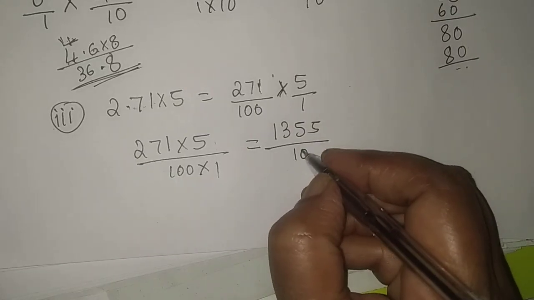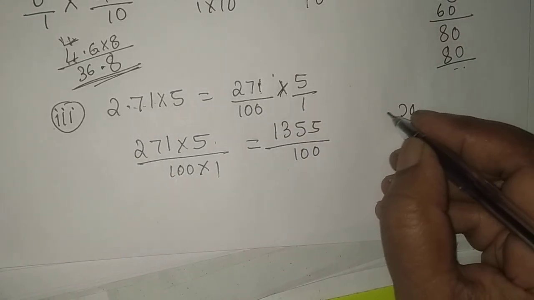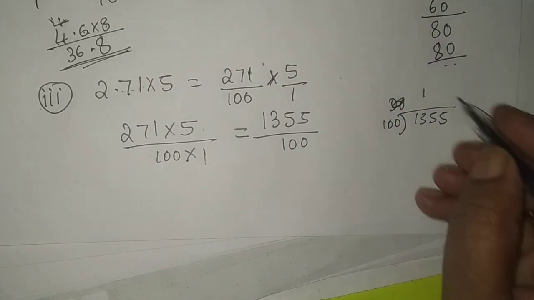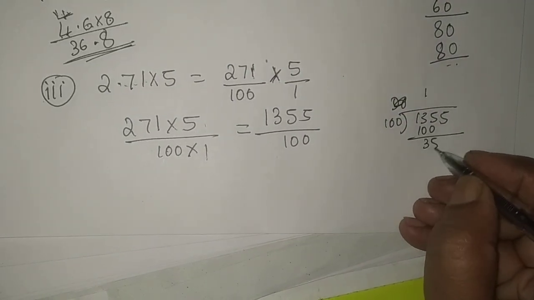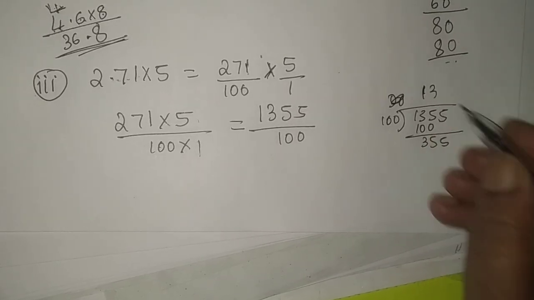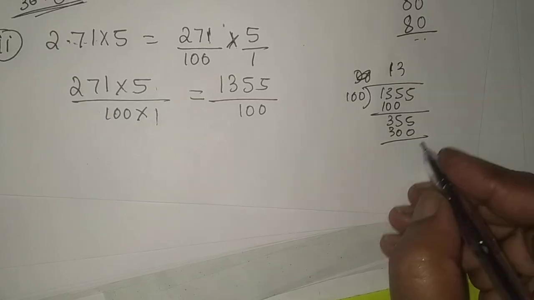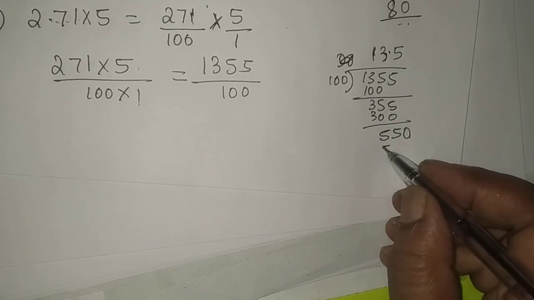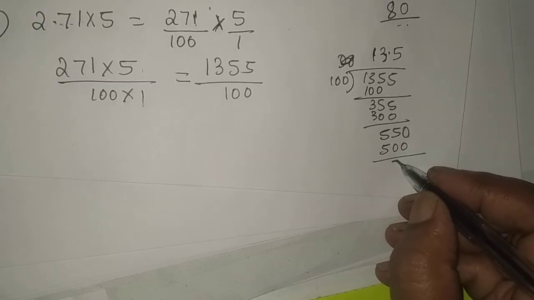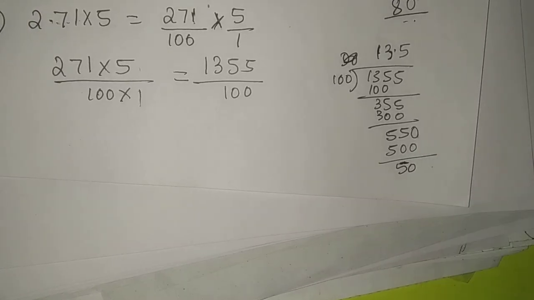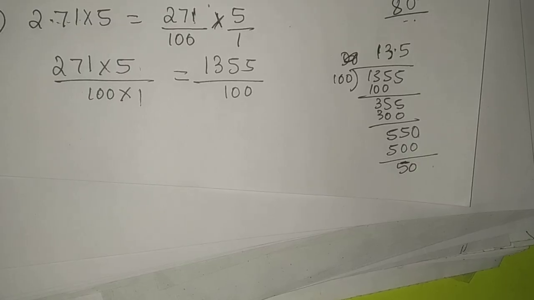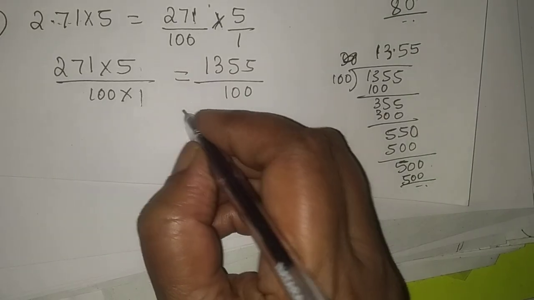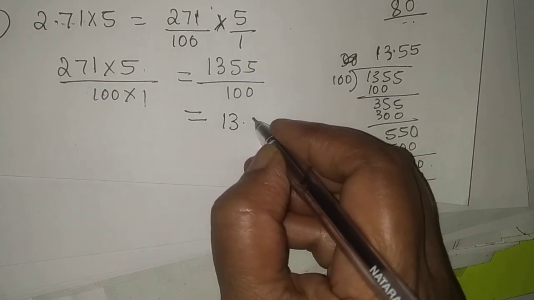Multiply these two, then divide by 100. 100 ones are 100, the remaining is 35, bring this 5 down, 100 3s are 300, 55 remains, put a point, put a 0, then 500, then again 50 remains, again put a 0, 5 5s are 500. So we get 13.55.